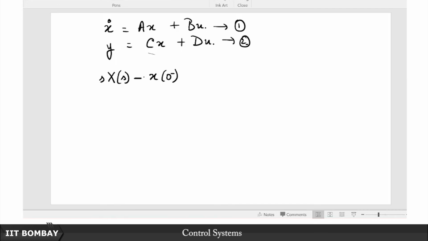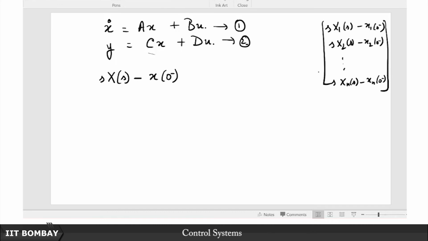It's basically n first-degree differential equations, so I have the Laplace transforms of their derivatives. I'm just writing sX1(s) minus x1(0-), sX2(s) minus x2(0-), and so on till sXn(s) minus xn(0-). That's what this vector is.